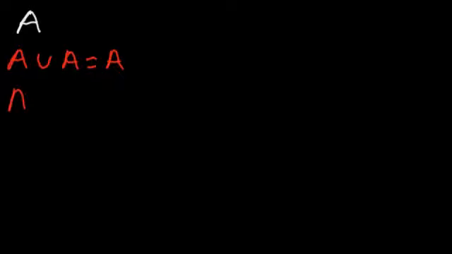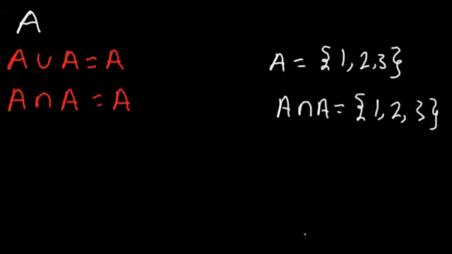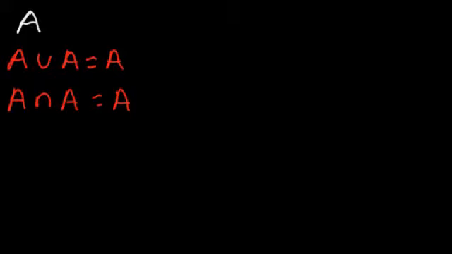So if A is a set and it includes elements 1, 2, 3, therefore A intersection A will be equal to 1, 2, 3 as well, okay? So hopefully you guys are following. So it means this law is true for all cases. Now let's move to the second law.